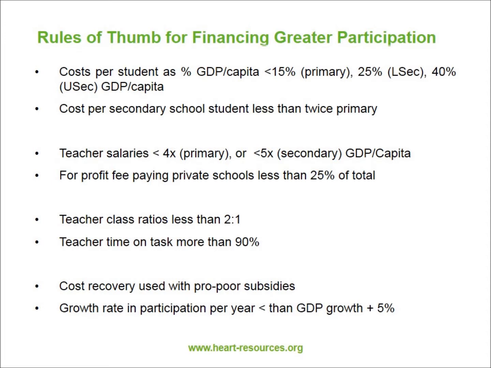The last rule of thumb, based on experience, is that the growth rate in participation in secondary schooling should not be more than GDP growth plus perhaps 5%. To sustain higher rates of growth for any length of time is to challenge the capacity of systems to grow, adapt and maintain their quality, to provide sufficient physical resources and to supply schools and facilities with an adequate number of trained teachers.